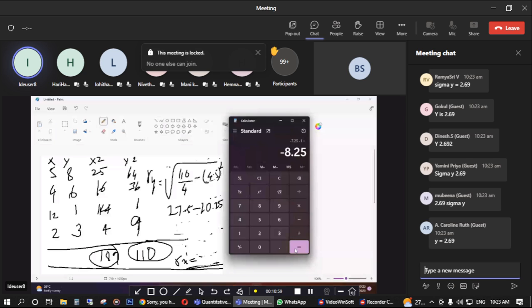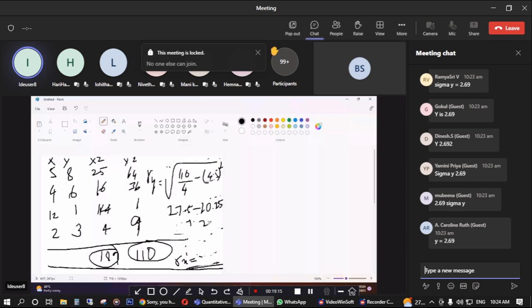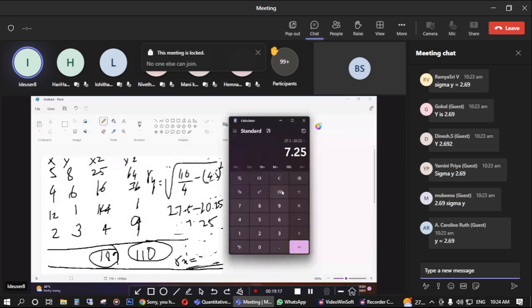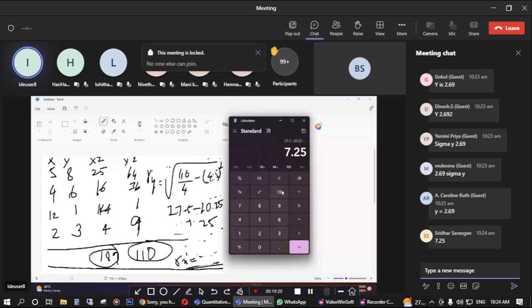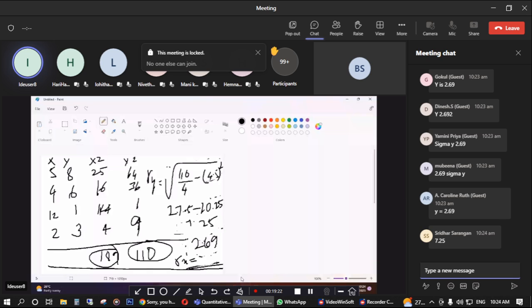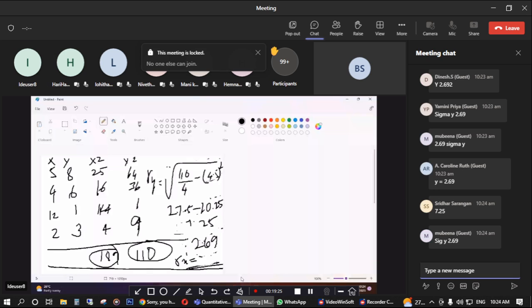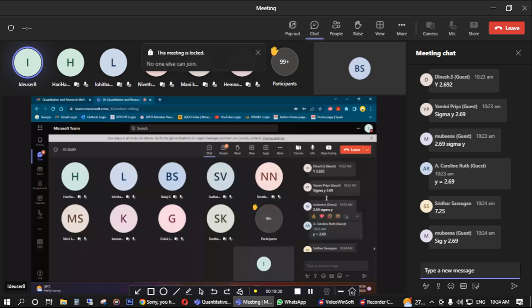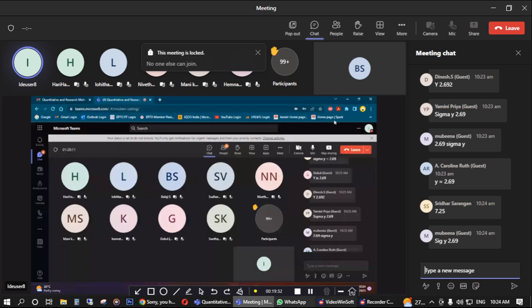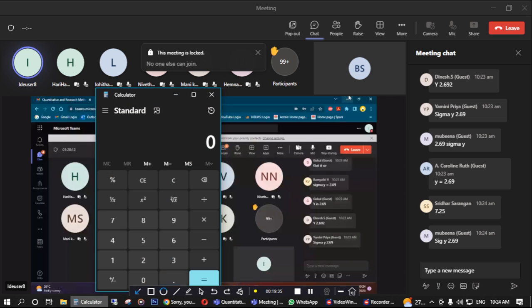So 27.5 minus 20.25 is how much? 7.25. Okay, the square root of that. What is the square root? 2.69. I think these people have got it by sigma. Correct. 2.69. Very good. Carolyn has got it. Yamini has got it. Good. Gokul has got it. Very good. Okay. So sigma y is 2.69.